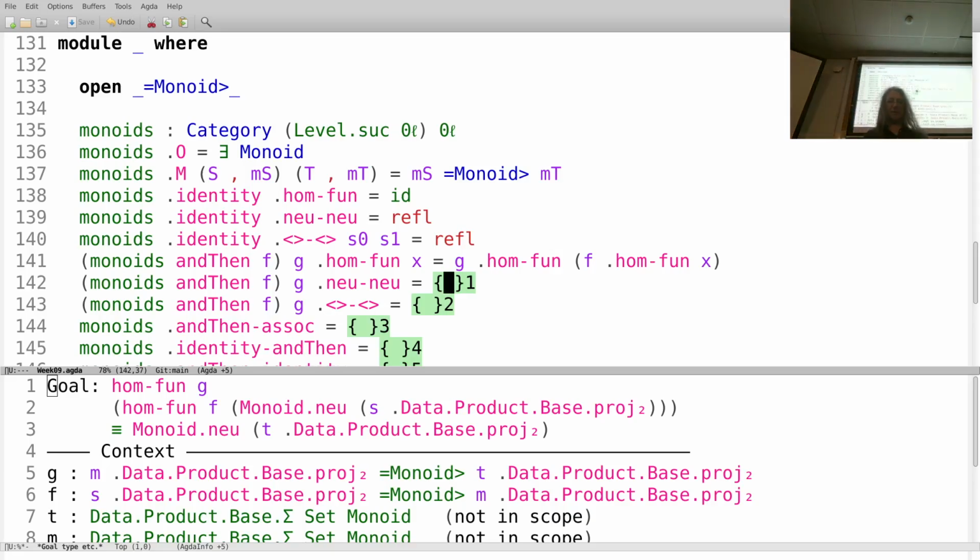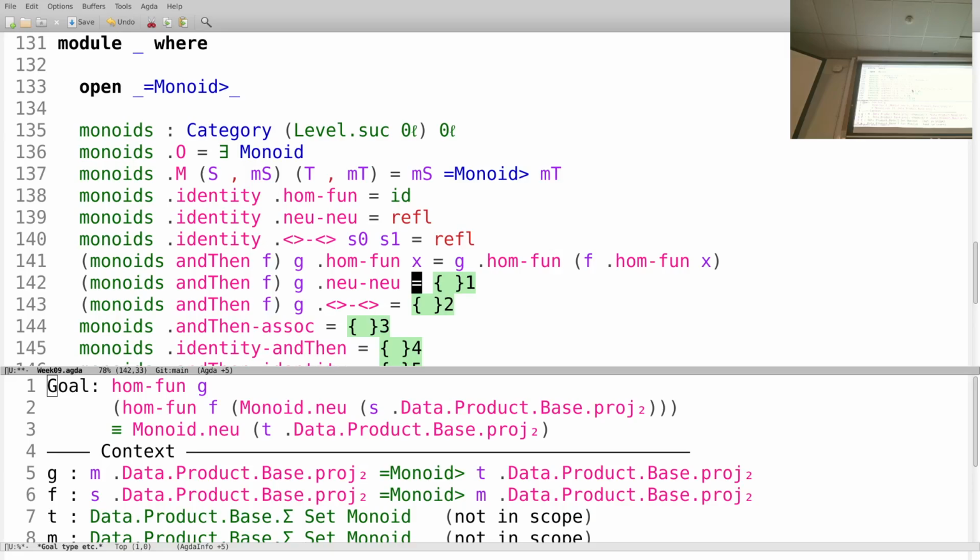And then this is going to be a more complicated piece of equation. It's not very complicated, or you could just rewrite. Because we want to prove that G of F of the neutral element is the neutral element. And we know that F takes the neutral to the neutral, and G takes the neutral to the neutral. So we know two important facts that are going to get us home.